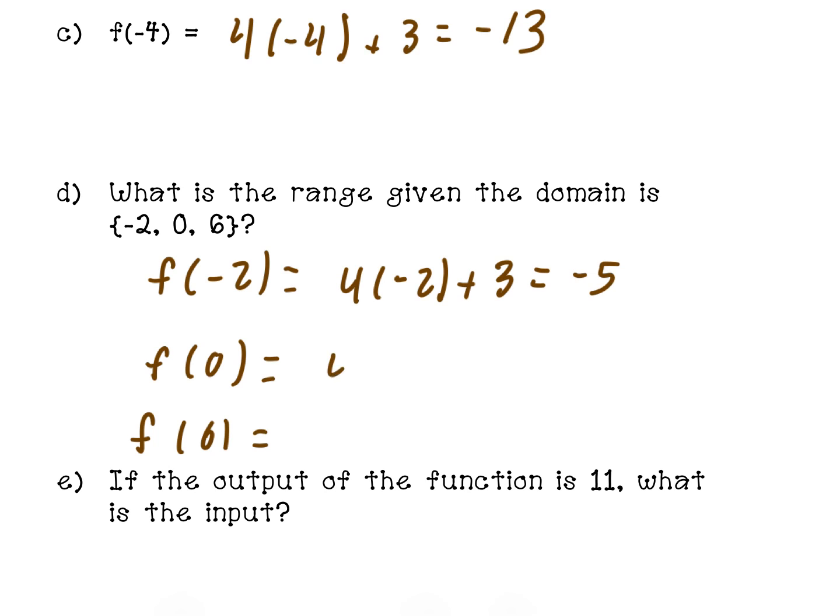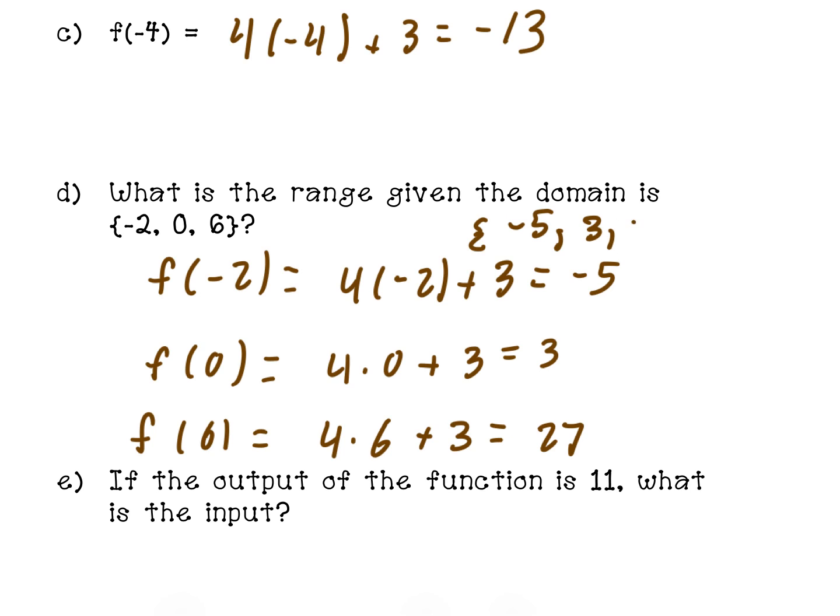F of 0 is 4 times 0, which is 0, plus 3, which is 3. F of 6 is 4 times 6, which is 24, plus 3, which is 27. So the range would be the set of numbers negative 5, 3, and 27.